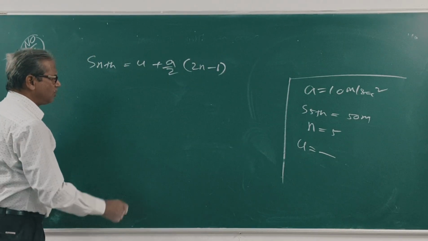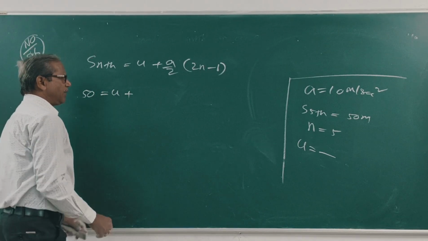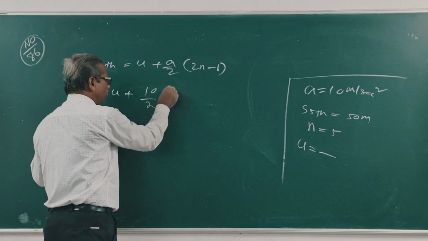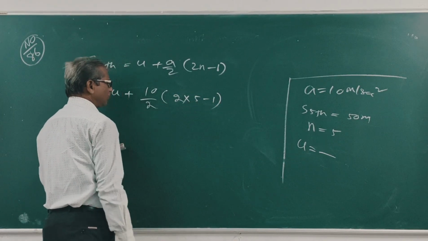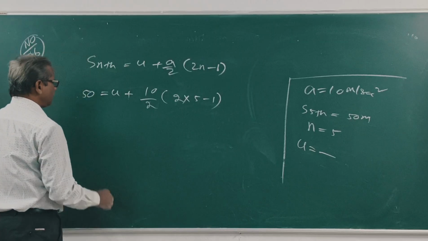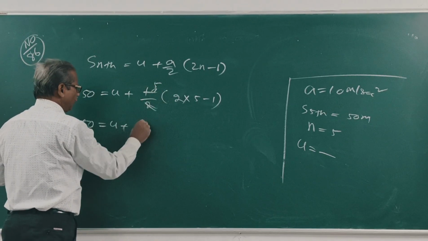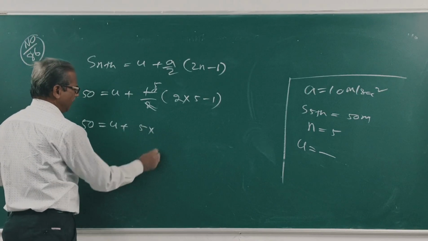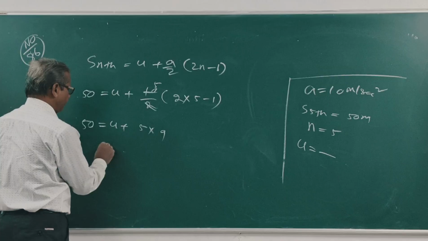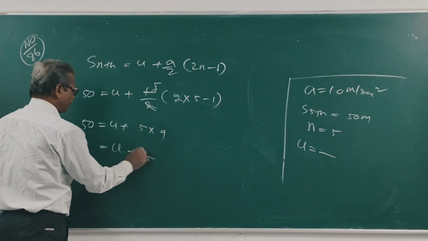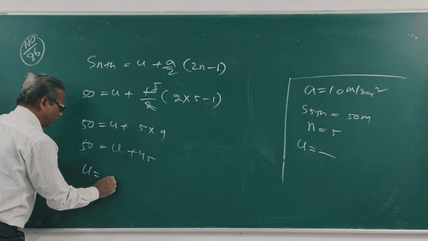So 50 is equal to u plus 10 by 2 into 2 into 5 minus 1. So 50 is equal to u plus 5 into 9, u plus 45. What is u equal to? 5 meter per second.